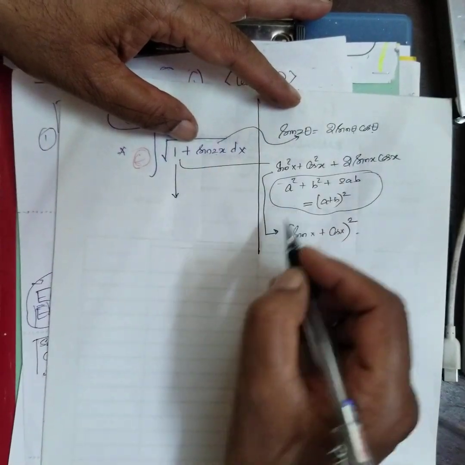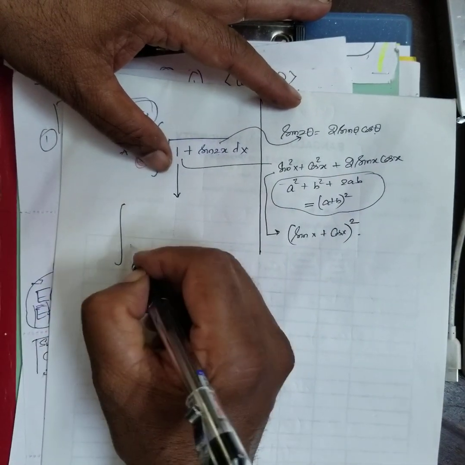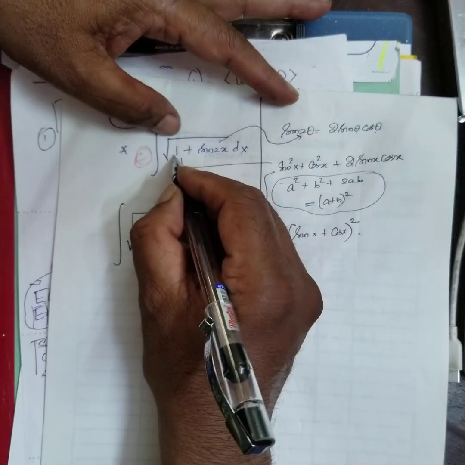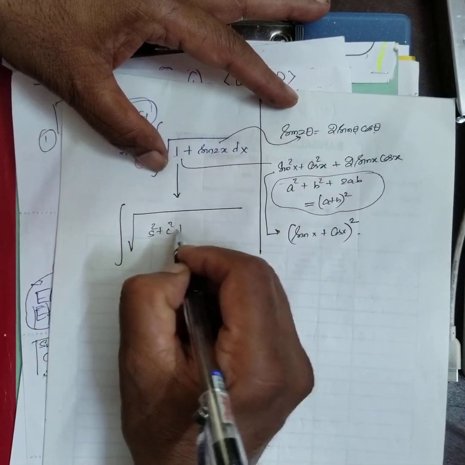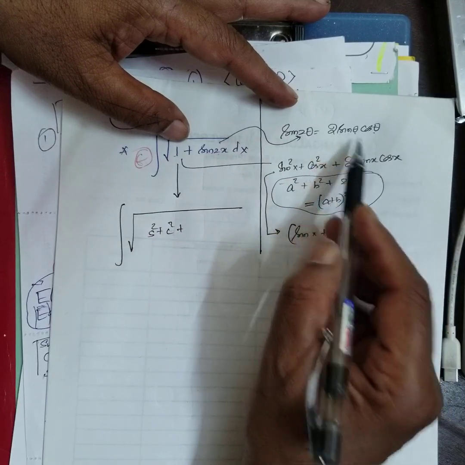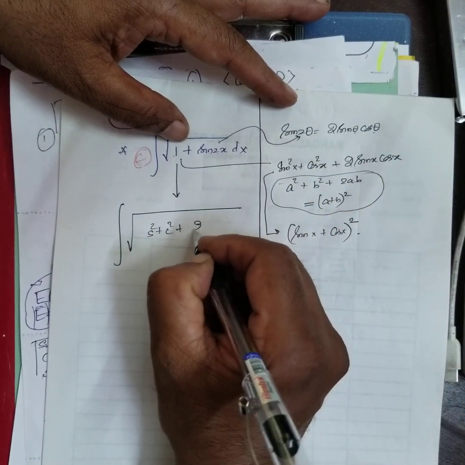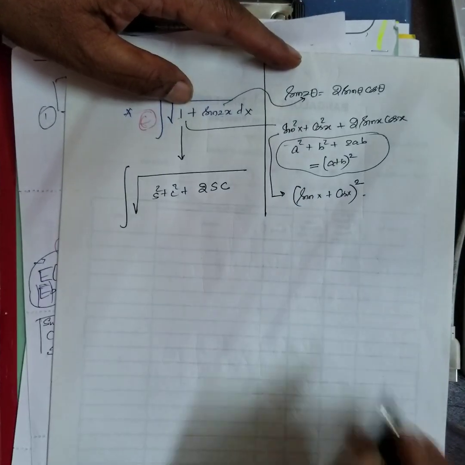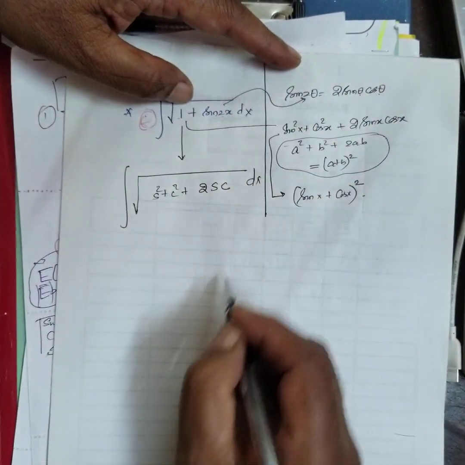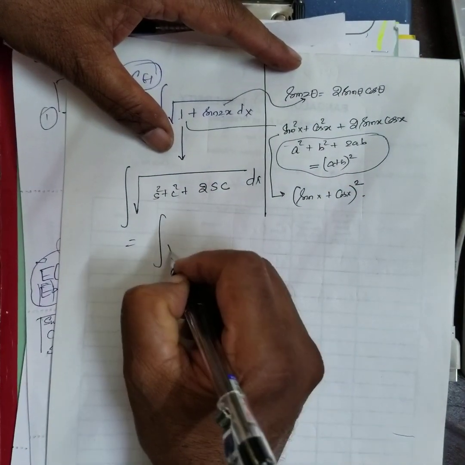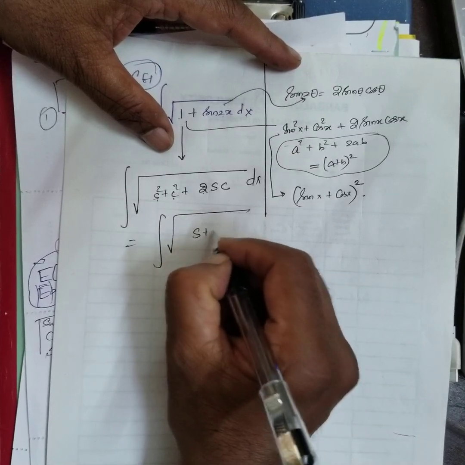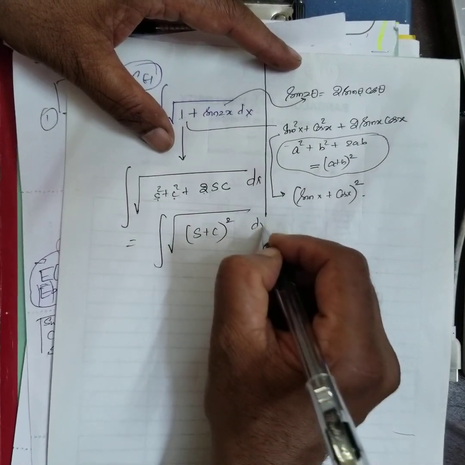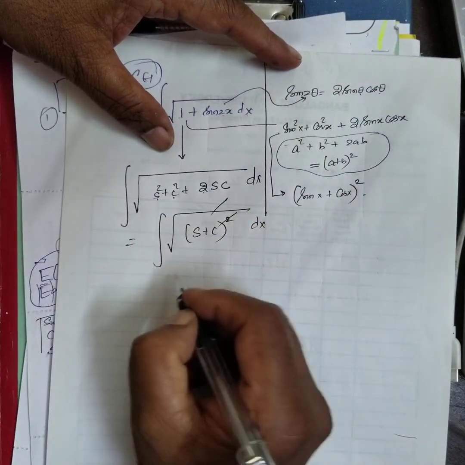Here what I write? Integration of square root of 1 can put as what? Sin square plus cos square. Sin 2x is 2 sin x cos x. Here you write dx is equal to integral of square root of a square plus b square plus 2ab, that is a plus b the whole square dx. Then the root will cancel.